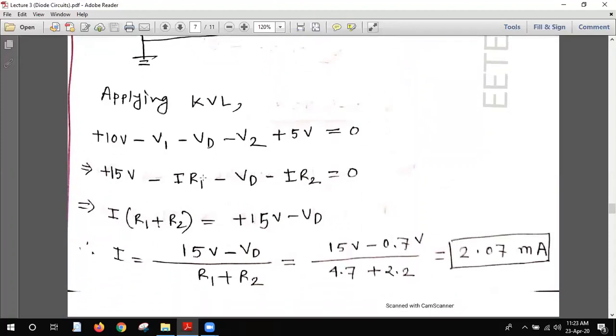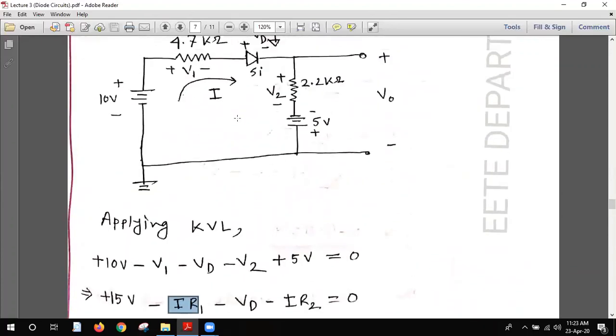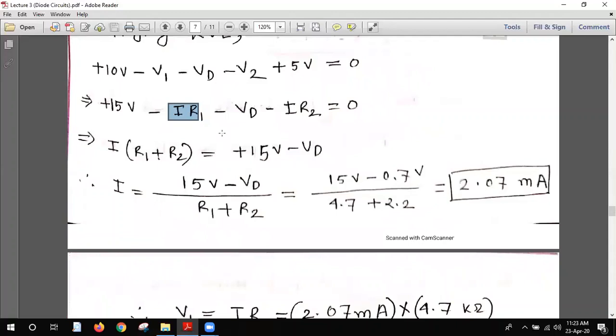So we replace V1 as IR1 and V2 equals IR2, because this is the series current I flowing. And we sum 10 and plus 5 equals 15 volt.